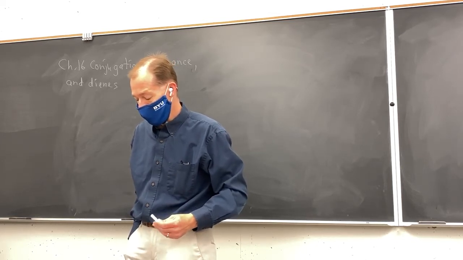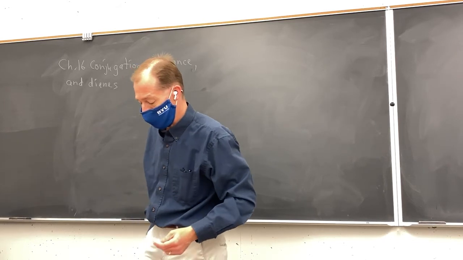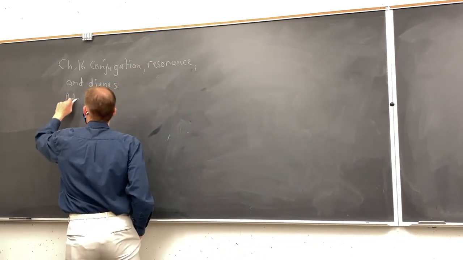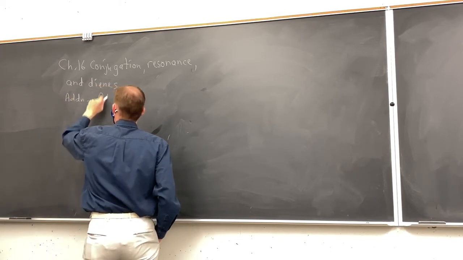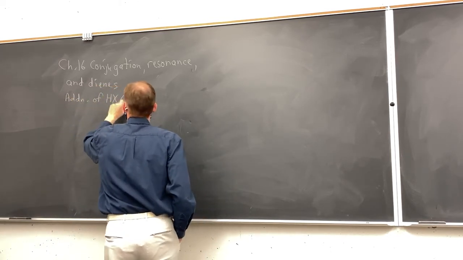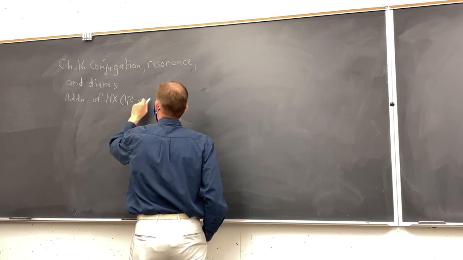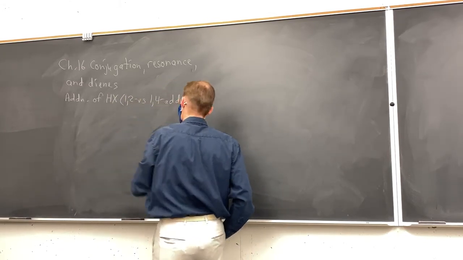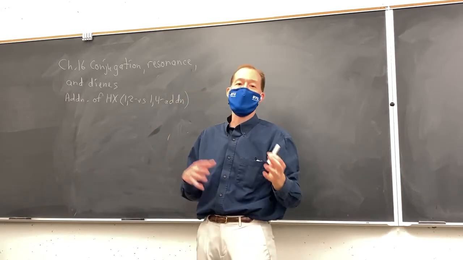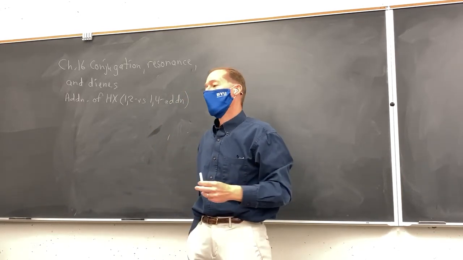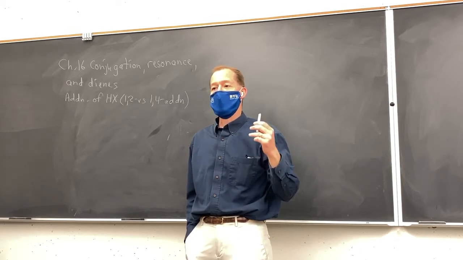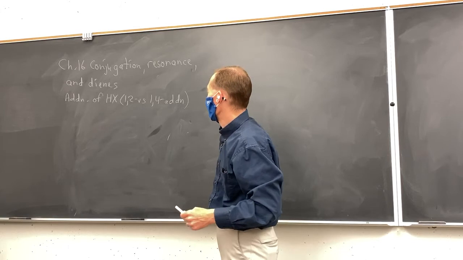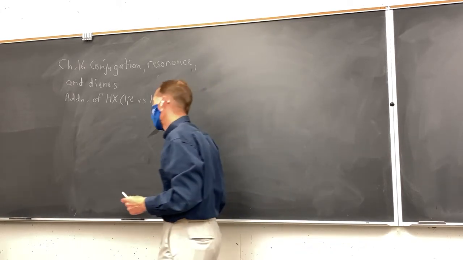The key reactions were addition of HX, where we have 1,2 versus 1,4 addition, talking about kinetic products versus thermodynamic products, and how sometimes the less stable product is formed as the major product. That would be the kinetic product.